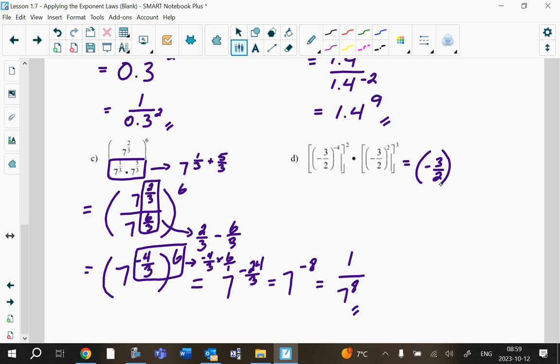Multiply the exponents to get what? -8. I still have to times that by, now let's do this one. Base stays the same. 2 times 3, 6. Now I can multiply these two together. What do I get?